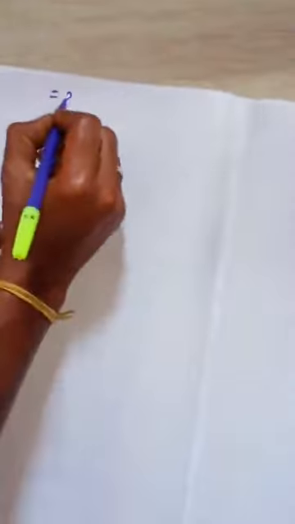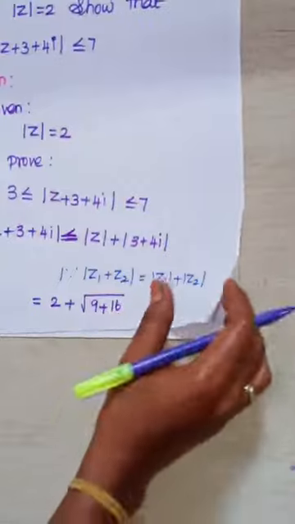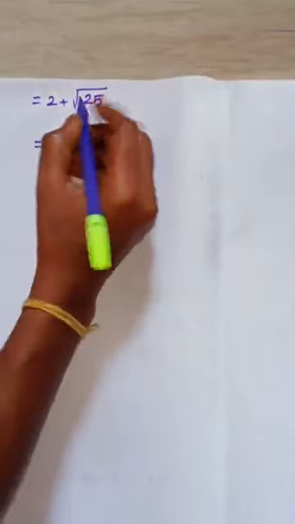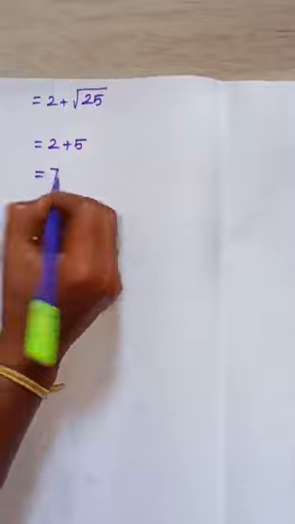So 2 plus square root of 25, that is 2 plus 5, is 7.